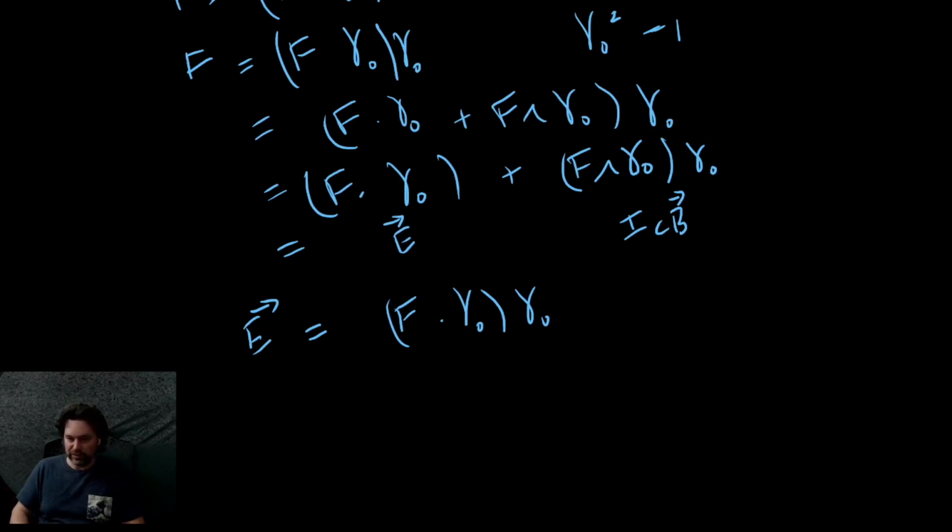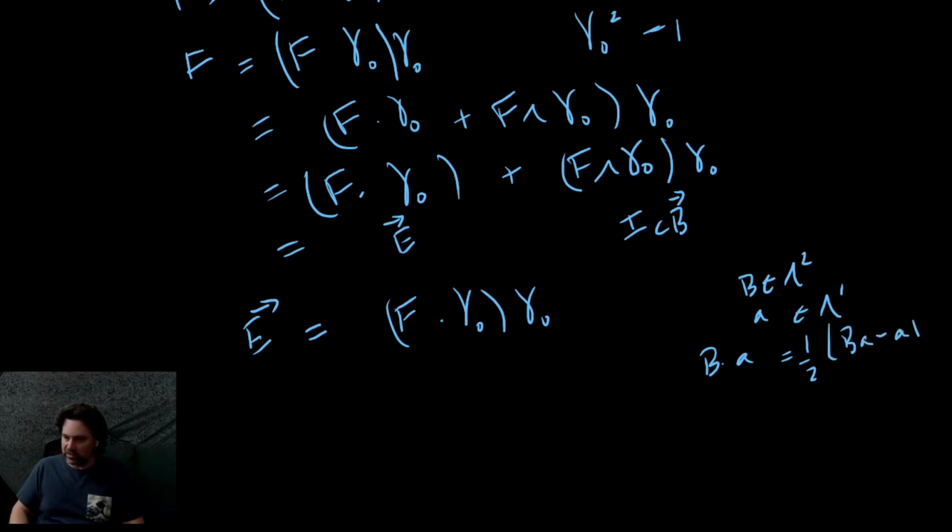and remember that if we take a bivector, let's say B is a bivector, and we take a vector A, and we take the dot product of the two, then B dot A is 1/2 of BA minus AB. It's the opposite sign as the vector dot product with itself. And B wedged A is 1/2 of BA plus AB.